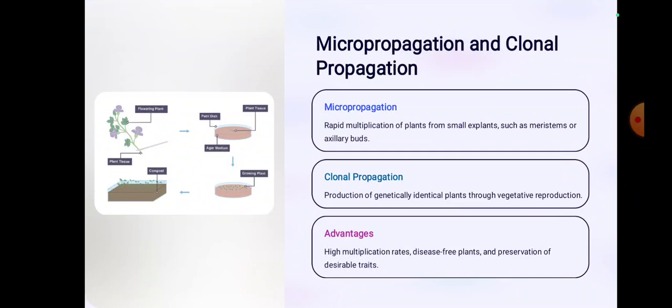Clonal propagation is the multiplication of genetically identical copies of a culture by asexual reproduction. It is also the production of genetically identical plants through vegetative propagation, and its advantages are a high multiplication rate, disease-free plants can be produced, and preservation of desirable traits.